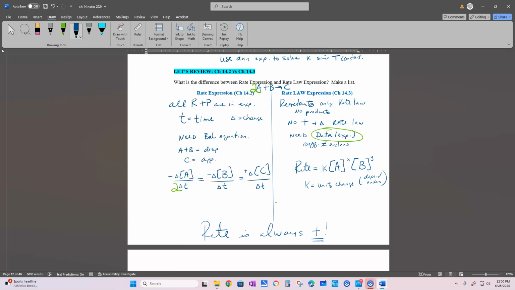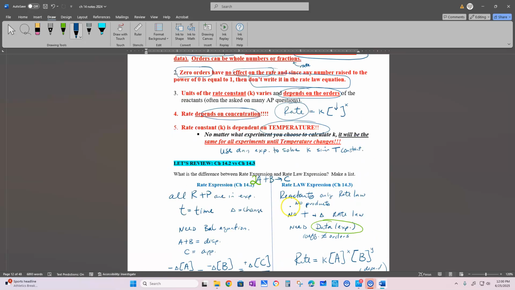Same thing with K. I didn't write it up here, but actually, let's write it up here. The rate constant, same thing, always positive. You can't have negative rate constant. Same thing with concentration, rate and concentration, always positive. You're not getting negative values here.